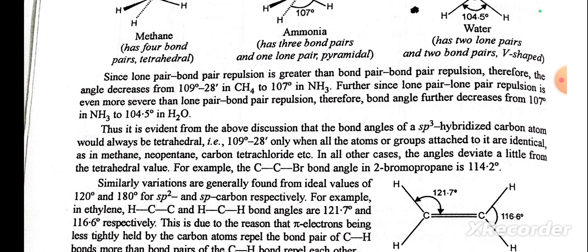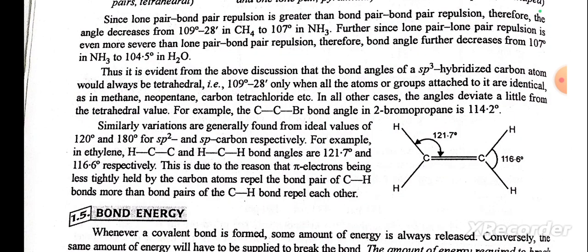Since the lone pair-bond pair repulsion is greater than the bond pair-bond pair repulsion, the angle decreases from 109 degrees in CH4 to 107 degrees in NH3. Further, since the lone pair-lone pair repulsion is even more severe than the lone pair-bond pair repulsion, the bond angle further decreases from 107 in NH3 to 104 degrees in H2O.